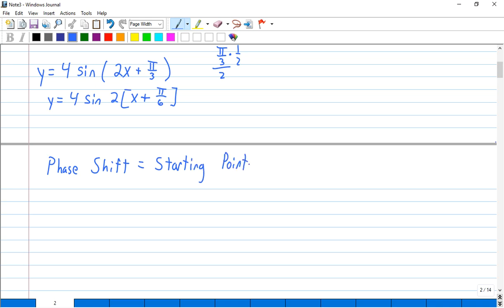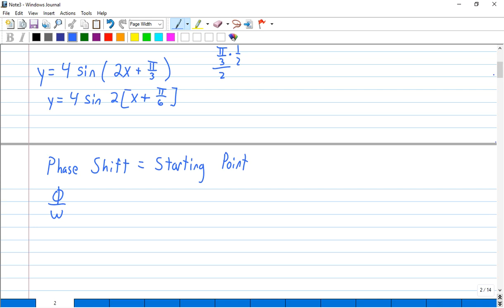And that starting point is a position or a place on the x-axis. Okay? So in our equation, the starting point is going to be your phi divided by omega.